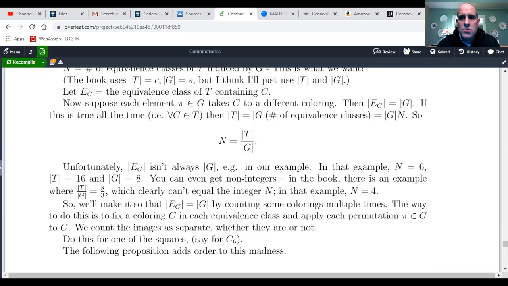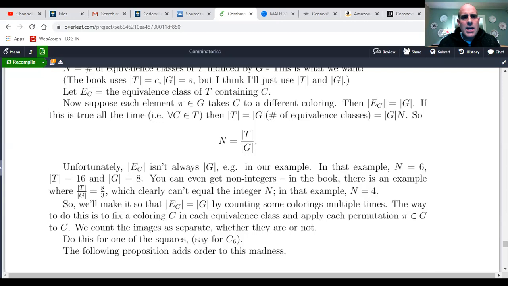What's going on with those equivalence classes that are of size 4? Each of those 4 colorings in those little rotation classes is fixed by 2 permutations. And 2 times 4 equals 8.